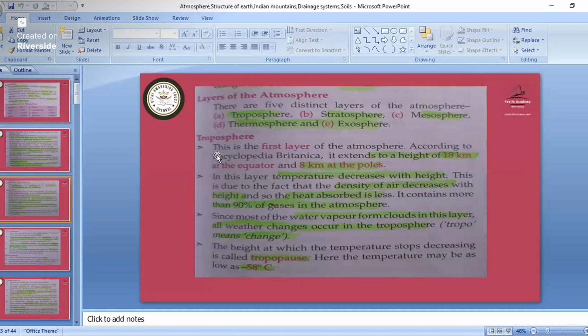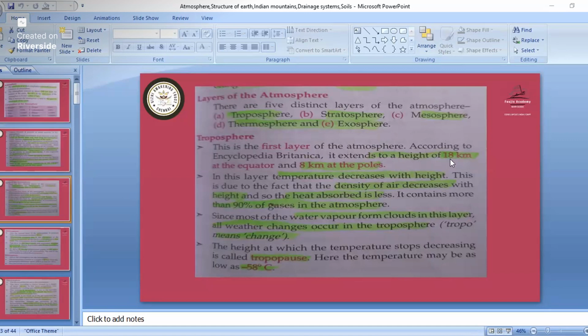Now we will see troposphere. Troposphere is the first layer of the atmosphere. According to Encyclopedia Britannica, troposphere extends up to 18 kilometers at the equator. In some books you might find it given as 16 kilometers, so just remember 16 or 18 kilometers.